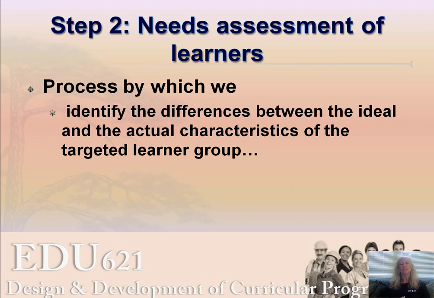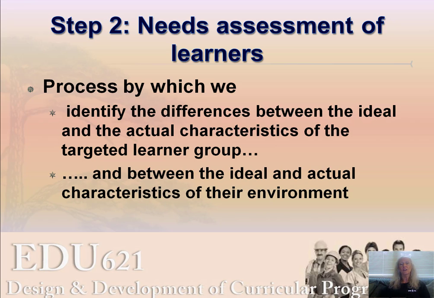And these characteristics include characteristics that make them successful, as well as characteristics that put them at risk for either not completing the program or for not maintaining employment after the program.